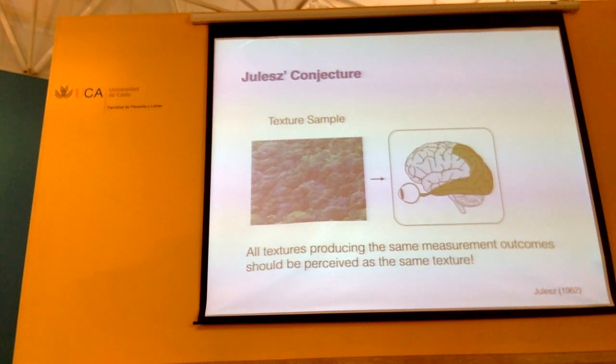It has been investigated quite a lot by Julesz, and his idea is that for certain things like a forest, we don't compute every single detail of the forest, but we only represent certain summary statistics about it. So every forest that generates the same summary statistics responses should be perceived as the same texture.